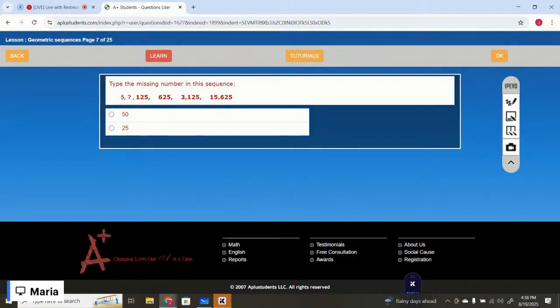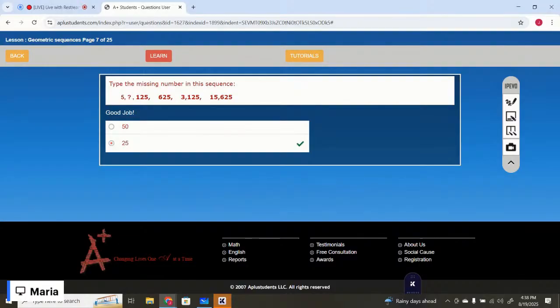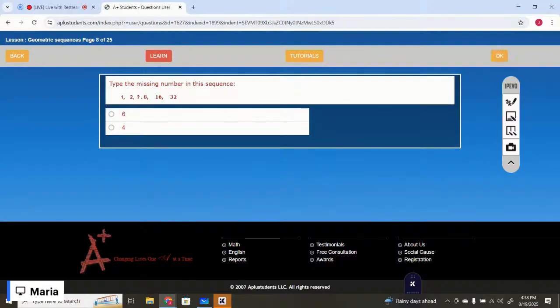Type the missing number in the sequence, that is 25. Option number 2 is the correct option. Type the missing number in the sequence. 4 it is.